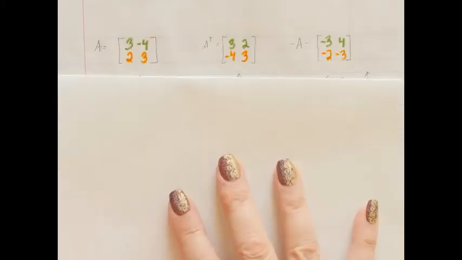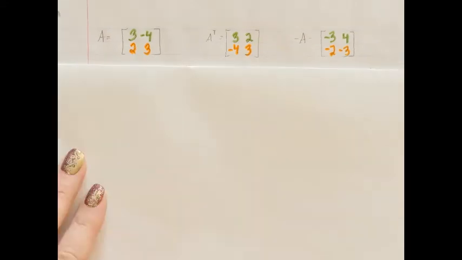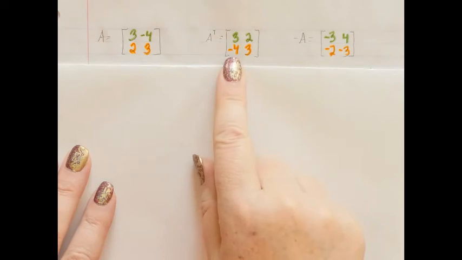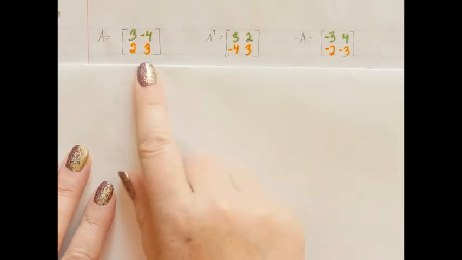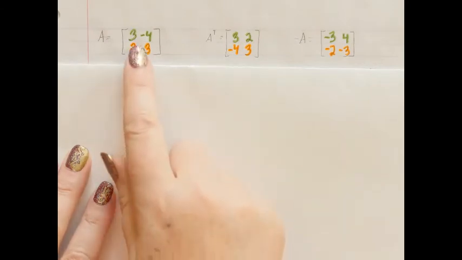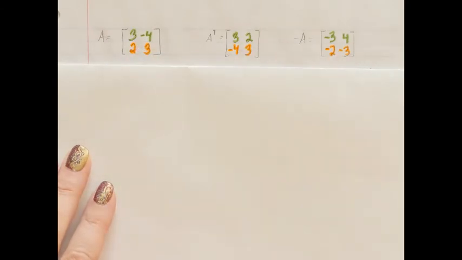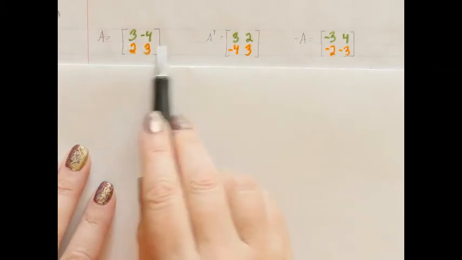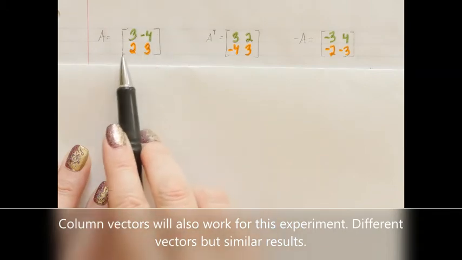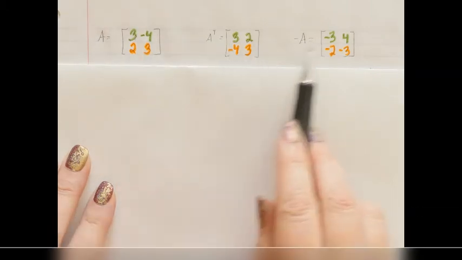Since what we did basically means nothing to you, what I'm going to do is give you matrix A. And then I took A transpose. And then from matrix A, I also did negative A. And notice that I got stuff in green and orange. What I'm going to do is use actual row vectors. So I'm using this as a row vector, this as a row vector, and so on.